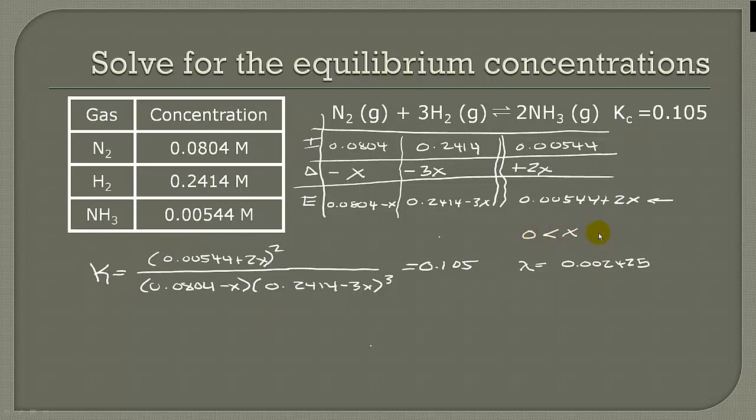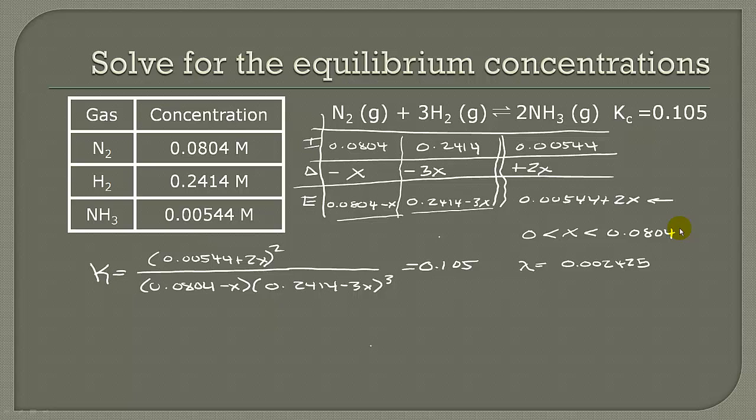But we also know it has to be lower than what we call the upper bound in this problem. Now, in class, what I've been showing you is that you can, in fact, determine what the upper bound is by looking at these values to determine which one gives you the smaller x value. As it turns out, the upper bound is 0.0804, and in fact, that answer is well below the upper bound.